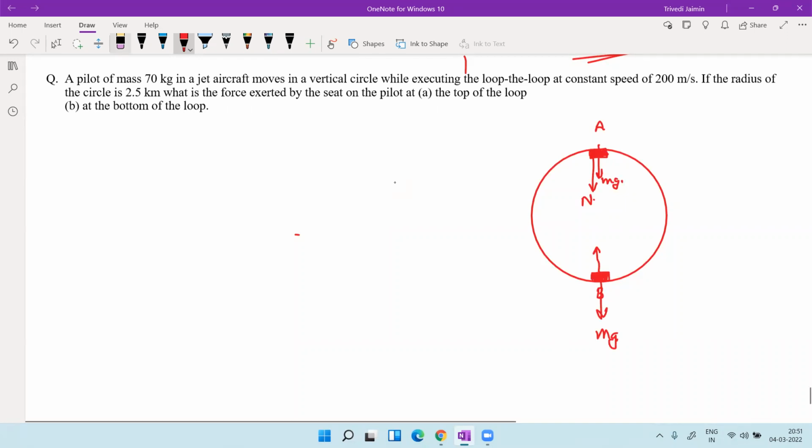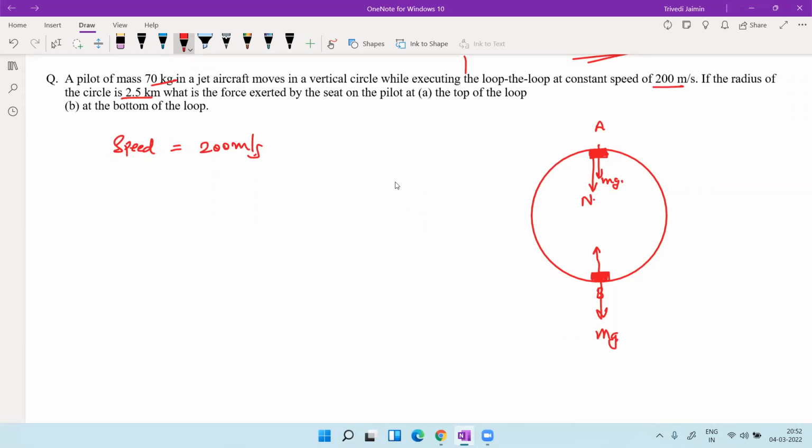Let's write the given terms. Speed is 200 meters per second. Exactly. Now, what else is given? Mass of the pilot. And what is this 2.5? Radius of the circle.